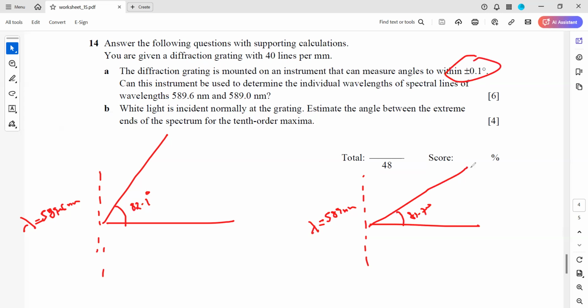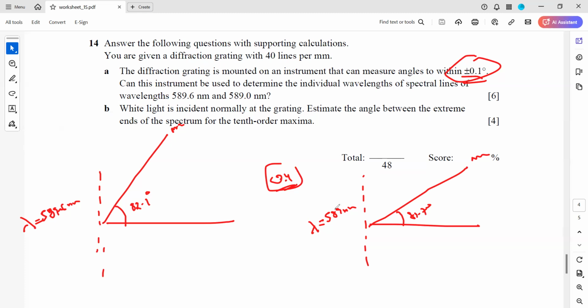So can this instrument be used to distinguish which pattern is from 589.6 and which one is from 589? Yes, because the difference in the maximas is 0.4, which is more than the least count of this instrument, so it can record this difference.